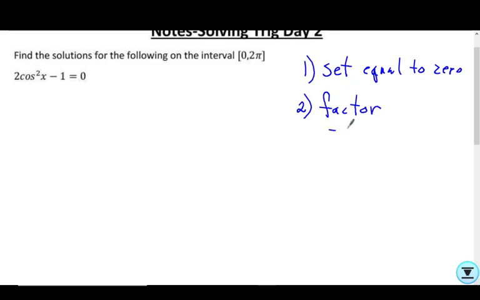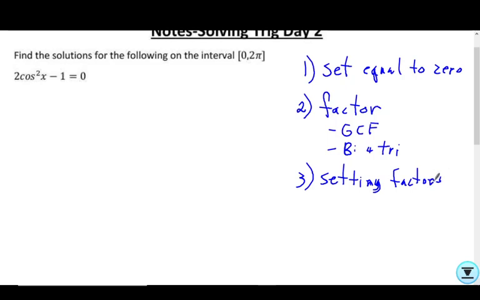The first step in factoring is greatest common factor, and then binomial factoring and trinomial factoring. Step 3 is setting your factors equal to 0 and solving. Those are the usual steps.